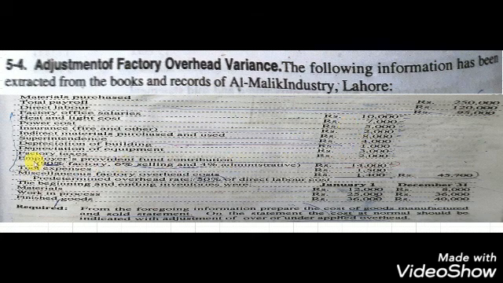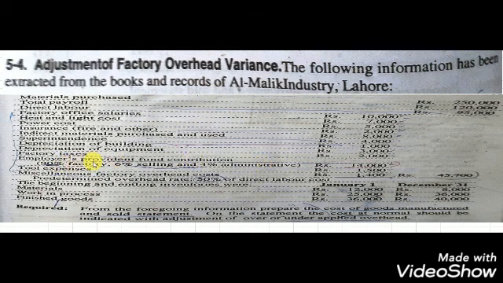Now students, employer's provident fund contribution: 90% for factory as a factory cost, 6% as a selling cost, and 4% as an admin cost.